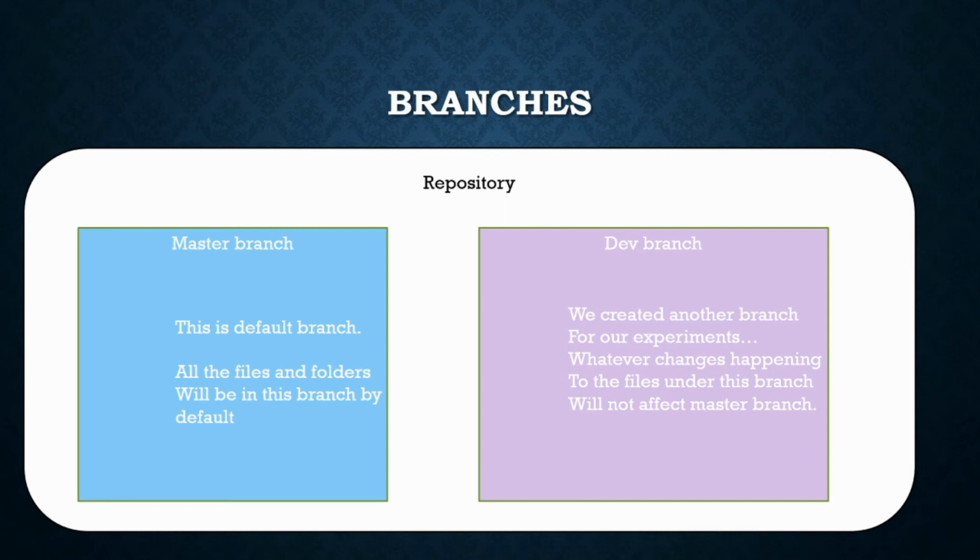All the files and folders inside the master branch will be in the dev branch as well. So whatever experiments we need to do, we can do in the dev branch. If we made any changes to any file inside the dev branch, that is not going to affect the same files in the master branch.